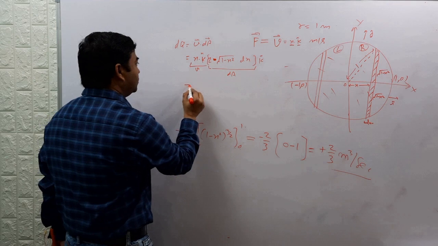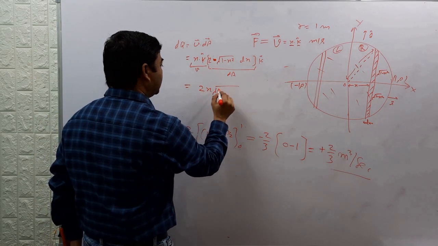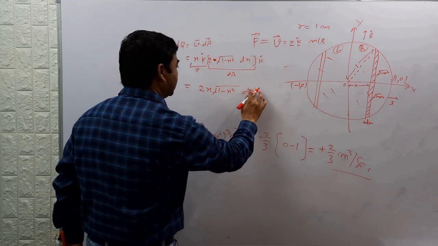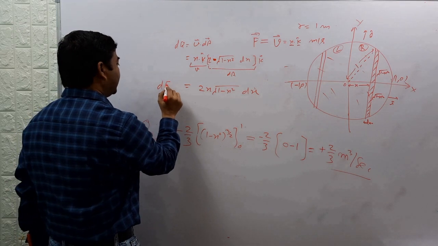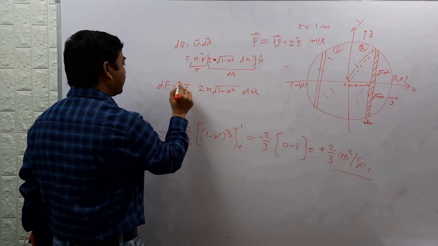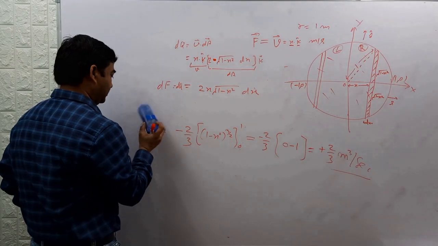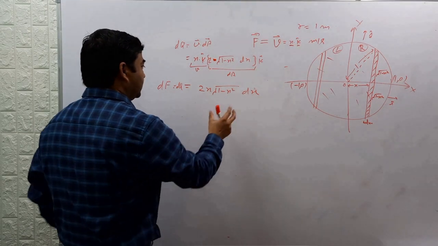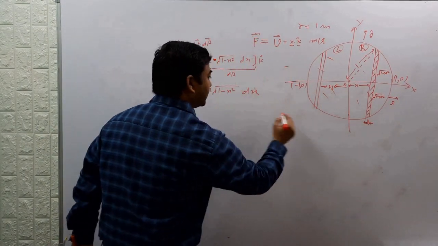So with this you will get 2x under root 1 minus x square dx. This is the flux, equal to dq. So this is distance x. This is dx.